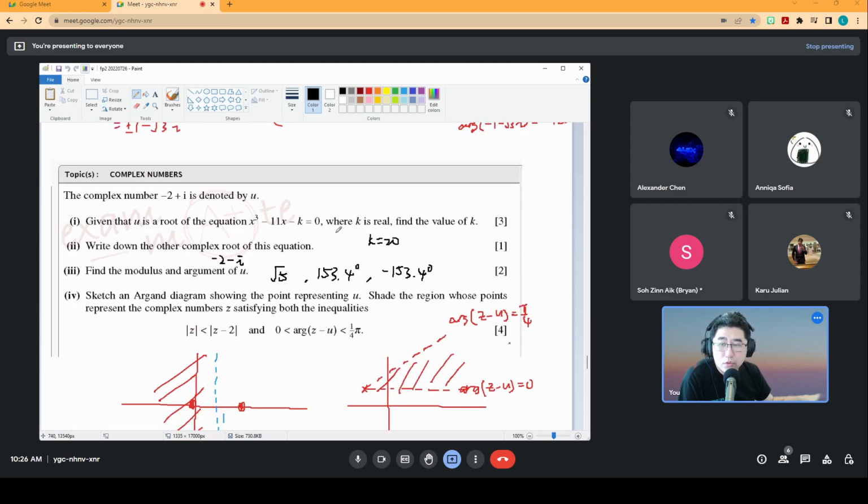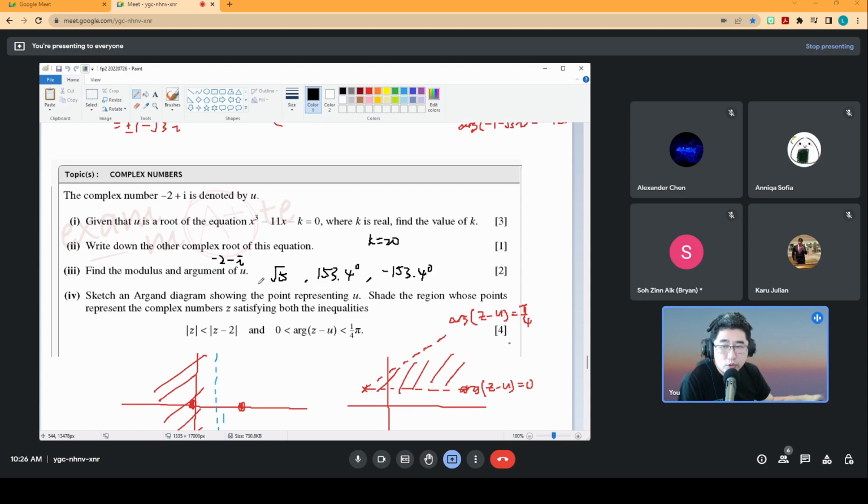For example, the second question: the complex number minus 2 plus i, denoted by u. This is a power 3 equation. We want to solve for k. By using the factor theorem, we substitute the number inside and get k equals 20. Then write down the other root, which is its conjugate.